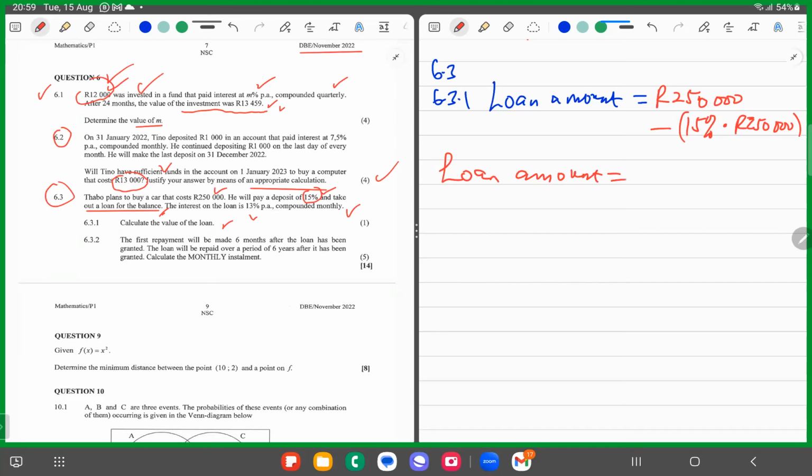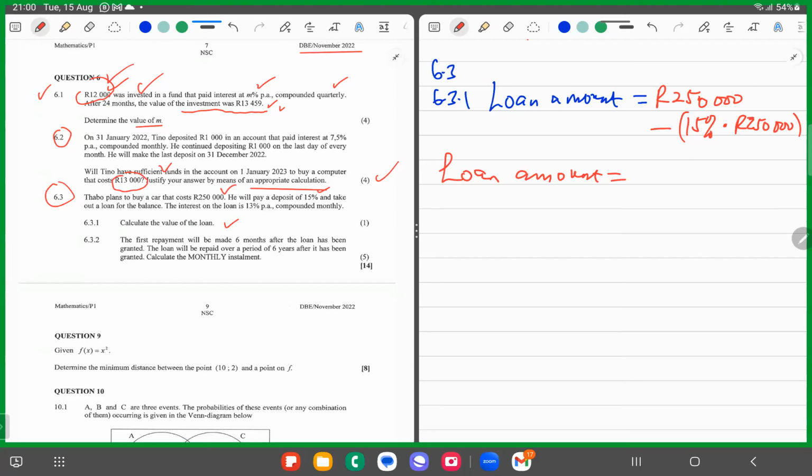How much is the loan amount? It's 250,000 because Thabo plans to buy a car that costs 250,000. But Thabo will pay a deposit of 15% and then take out the loan for the balance. So how much must he take for the loan?